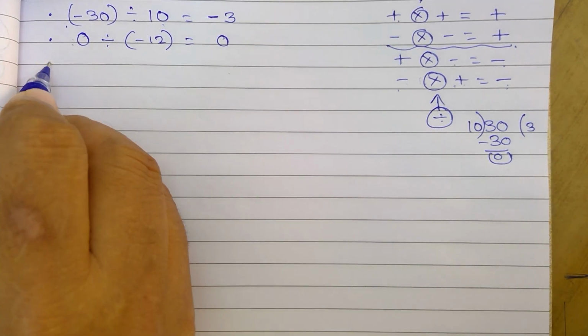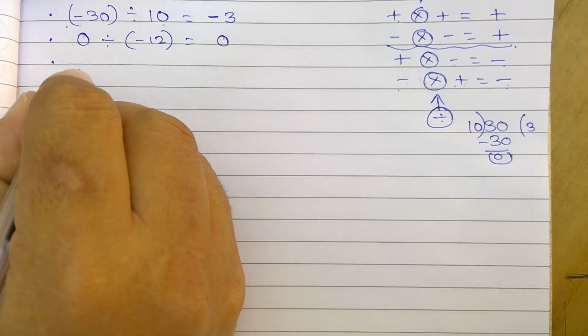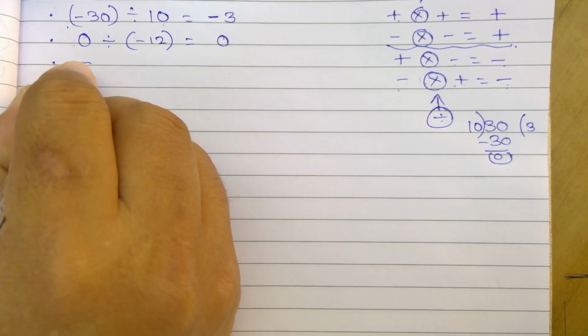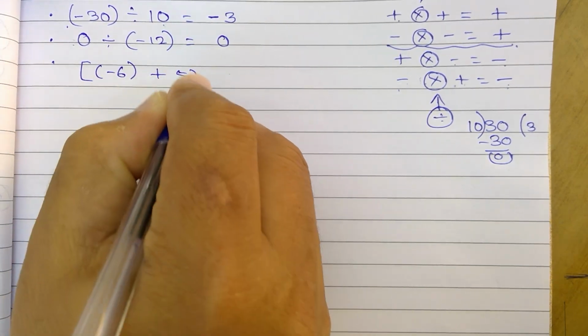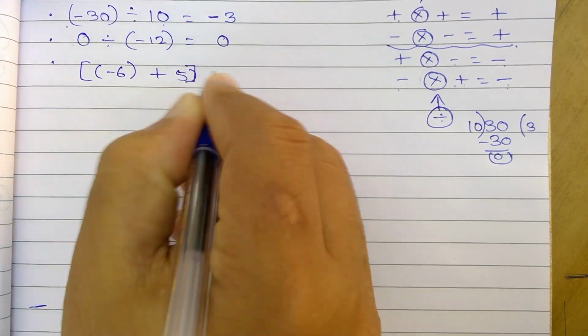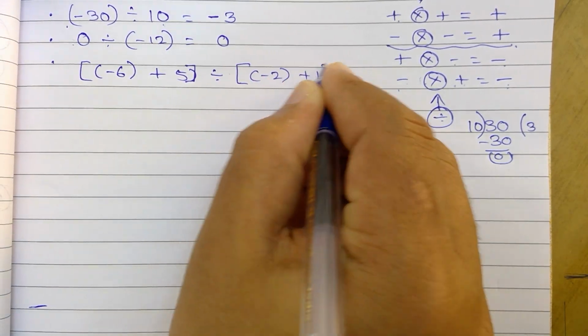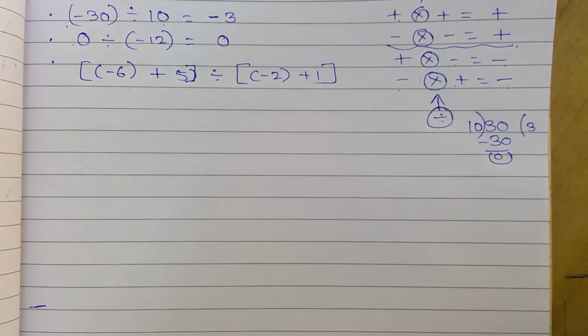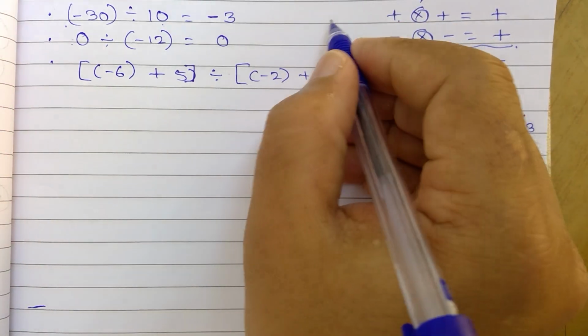Now, when you have, for example, a problem like this, minus 6 plus 5 in brackets divided by minus 2 plus 1 in brackets. See, when brackets come into place, I just want to remind you of one concept.